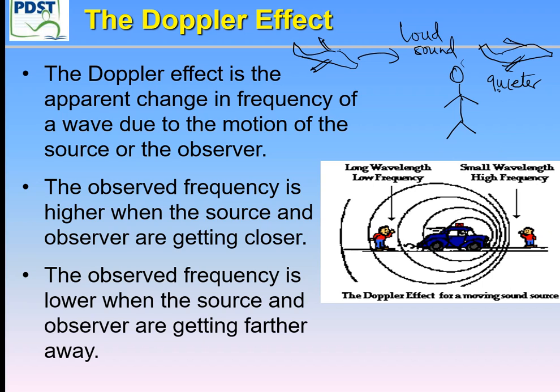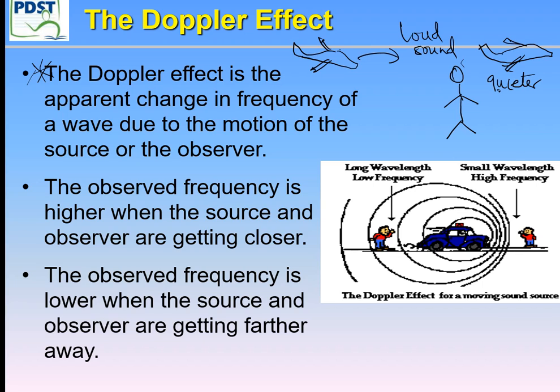So that effect is explained by what we call the Doppler effect. The Doppler effect is just the apparent change in frequency of a wave due to the motion of the source or the observer. So this is the source of sound. As it is moving closer to you, the frequency changes.